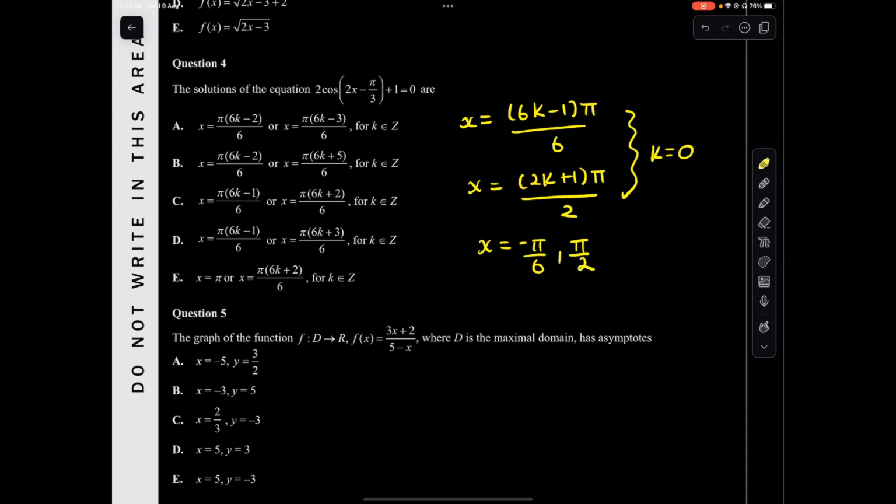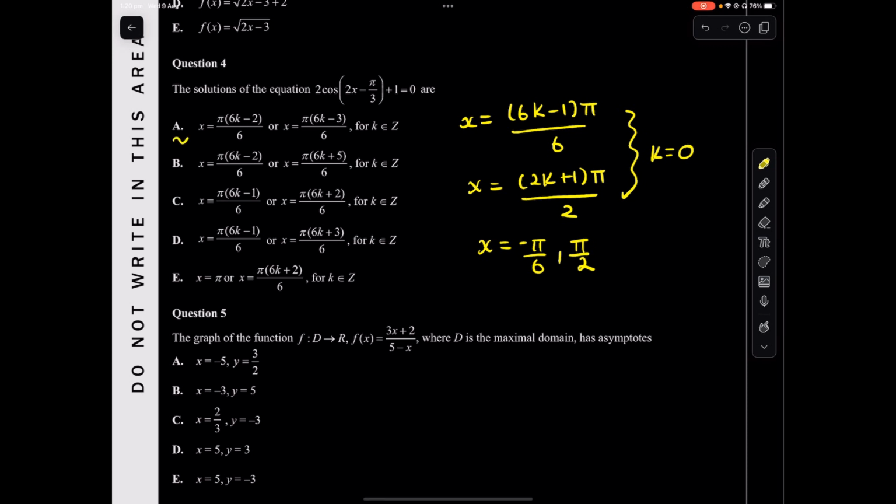So these should be your actual answers. So let's try to put that into one of those equations. So let's see. If we put in these equations, let's say 0.